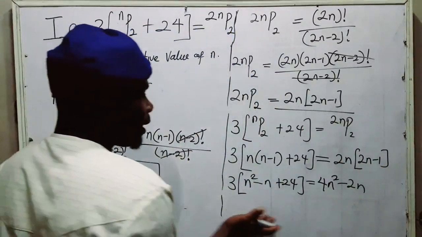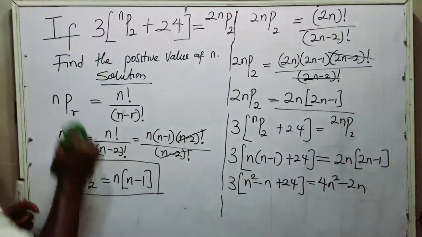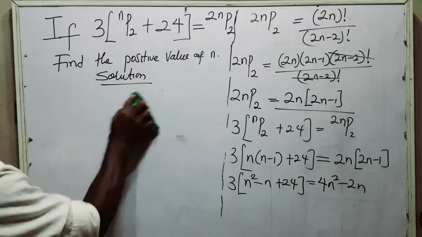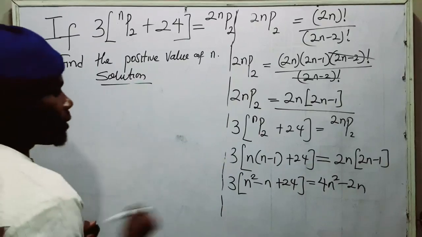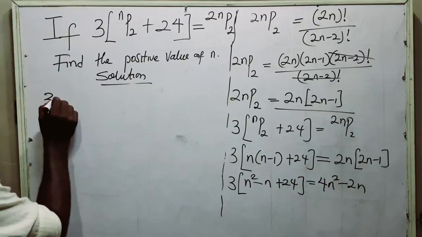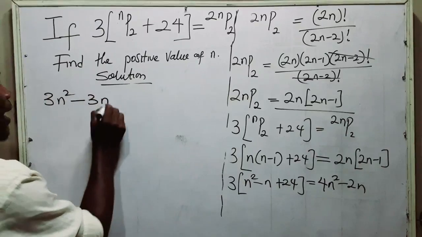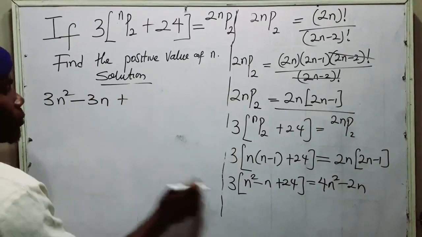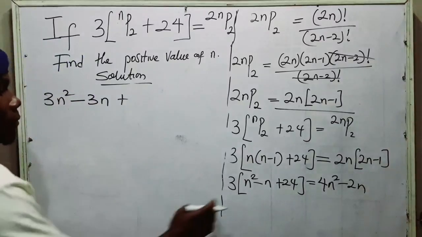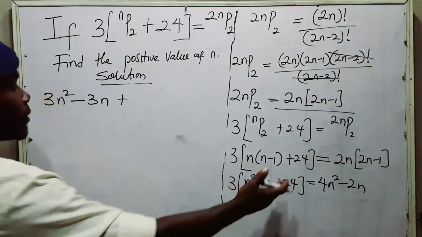So let's use this equation to have it meaningful now. In solving this, let's expand. We have 3n squared minus 3n plus, so 3 times 24. So 3 times 4, we have 12.